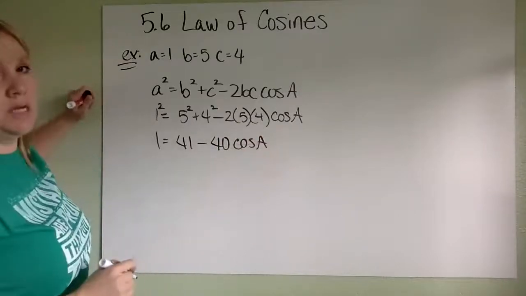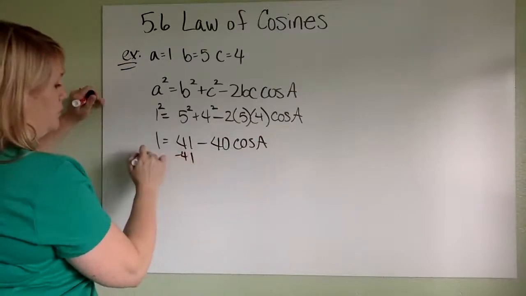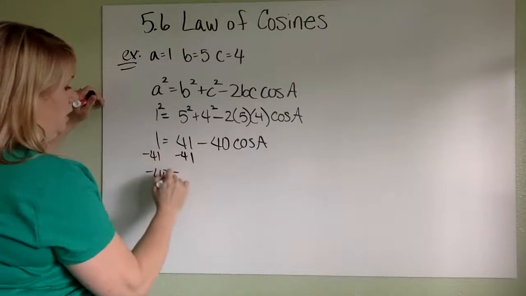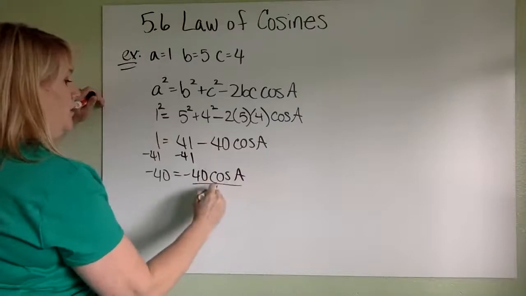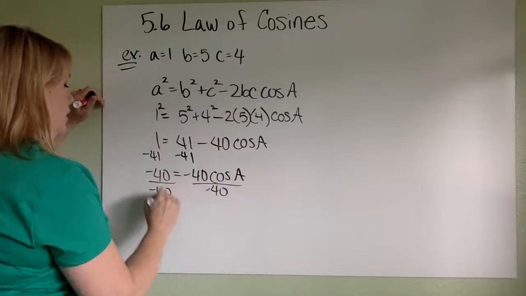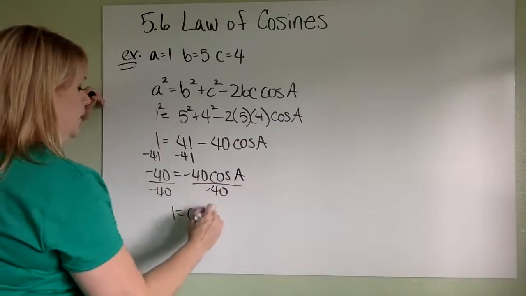So just like on the last one, we're going to subtract the 41 from both sides. We get negative 40 cosine of angle A. We divide by the negative 40. We get 1 equals the cosine of angle A.